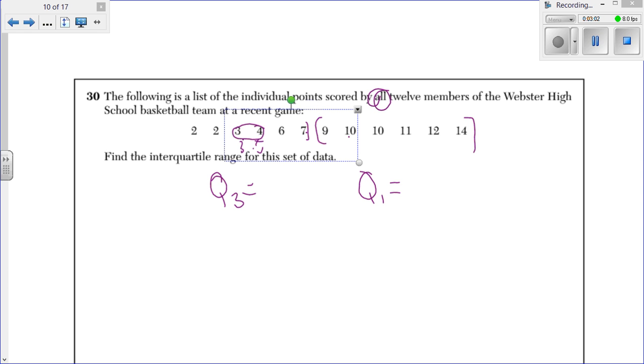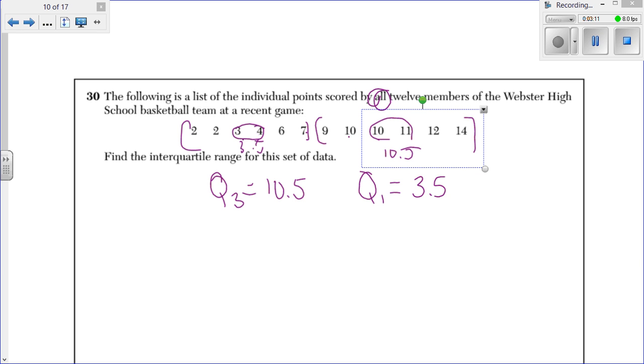And then if we look here, it's 10.5. So this is 10.5 for Q3, 3.5 for Q1. So it's 10.5 minus 3.5 is equal to 7. The other way to do that is to put all the data into your calculator and have it find the Q1 and Q3, but make sure you're labeling Q1 and Q3.